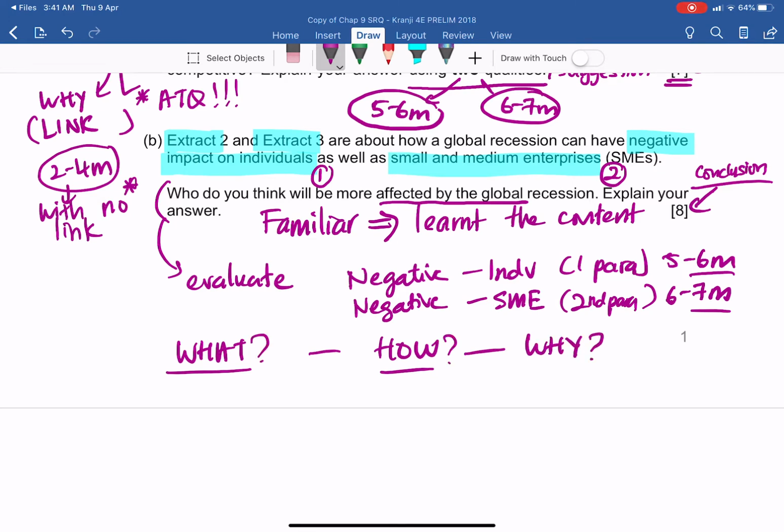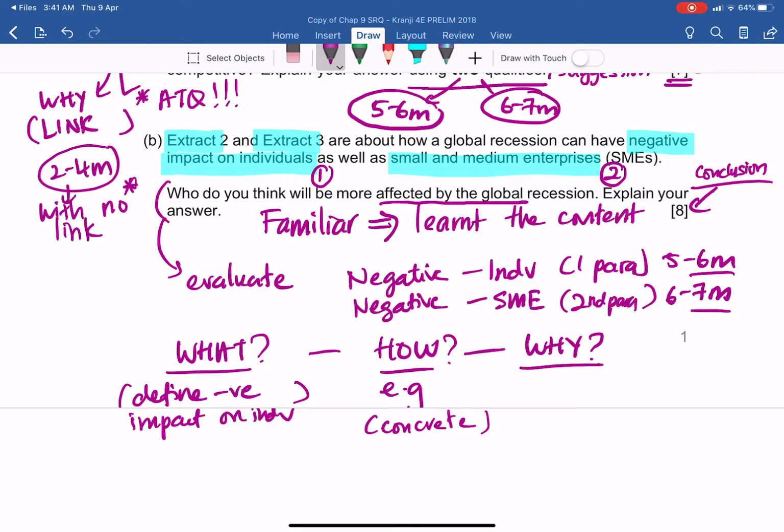And the what here is really to define what is a negative impact on individuals. Give an example. The example must be a concrete example.